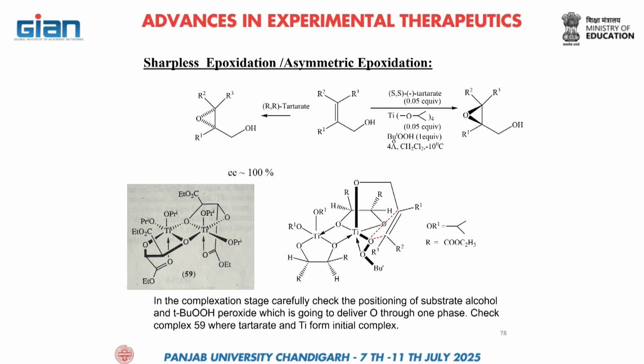If both substrates, allyl alcohol and tertiary butyl hydroperoxide, are on the opposite side, you can get only one type of epoxide. So the enantiomer selectivity is 100% in this case, only because of the blocking of one phase by such a 59 complex. That is the important part of asymmetric epoxidation.